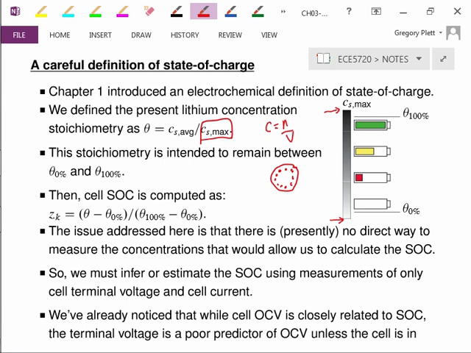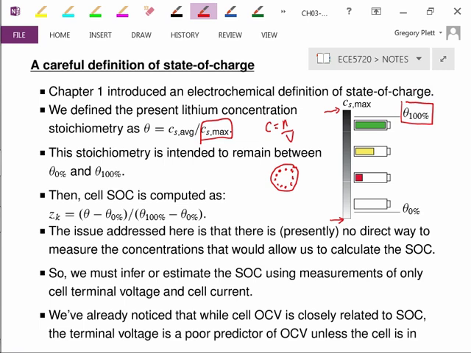But we tend not to use the entire possible range of lithium in the structure, and we back off a little bit for purposes of longevity and safety. And we define, and this is a definition, a design choice, it's not something theoretic, a value that we call theta 100%, which is the normalized concentration, the stoichiometry when I have charged the cell to what I am going to call the fully charged point.